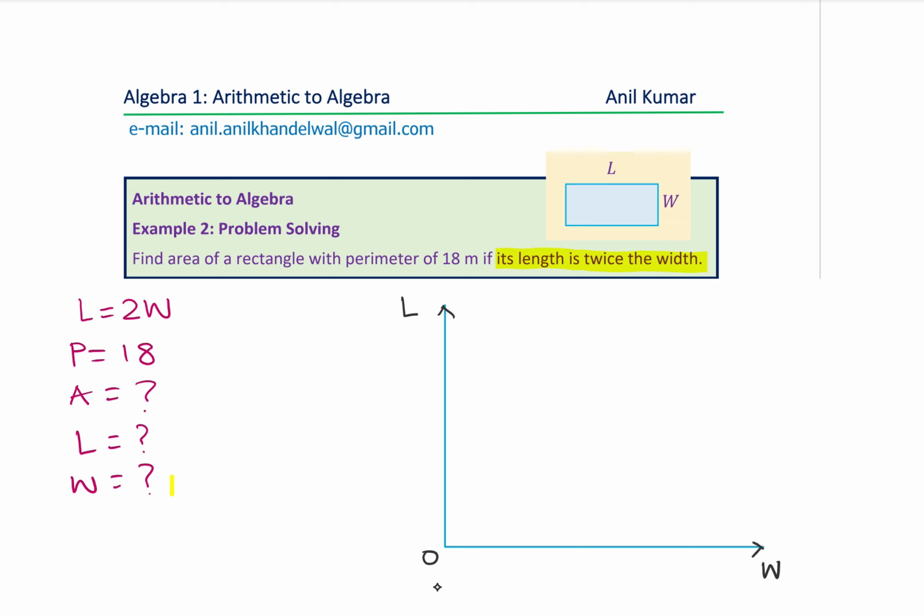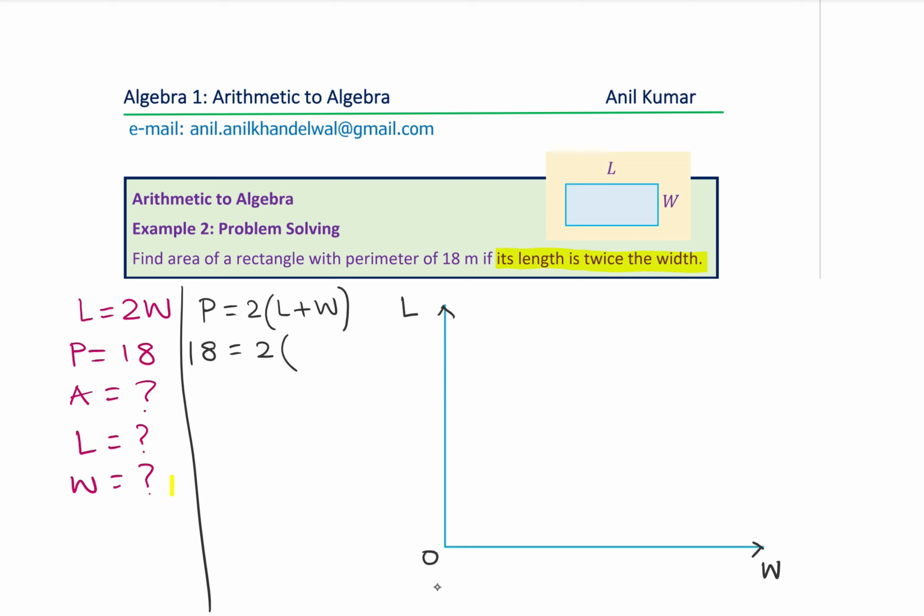How do we figure this out? Well, there are a few more things which are known to us, and that is the perimeter of 18. We know perimeter is twice length plus width. Now, in this particular case, since it is 18, 18 is twice length plus width.